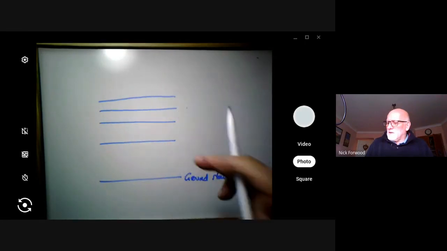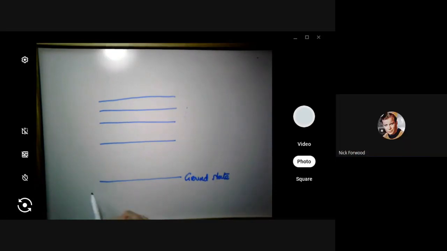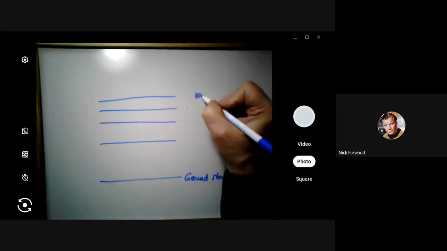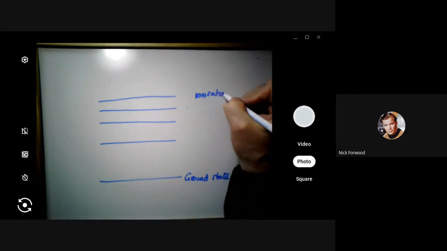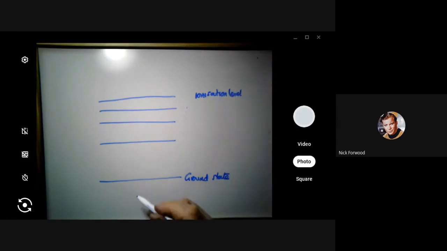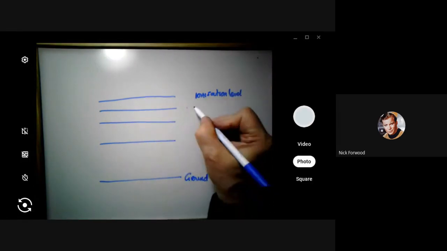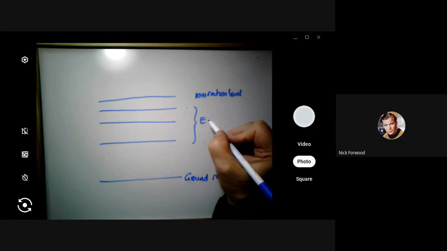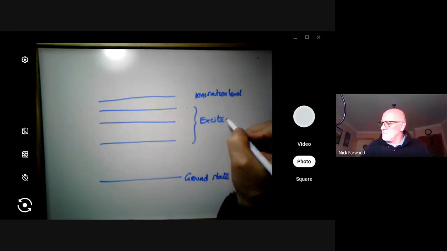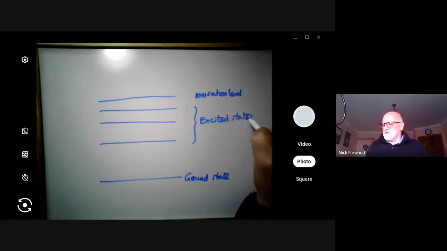I can call these what I want really. Could call this the ground. That's the ionization level, obviously, and I've got 3 excited states in the middle, or excited levels. Right, this is the level where you can whiz off, and this is your lowest level.